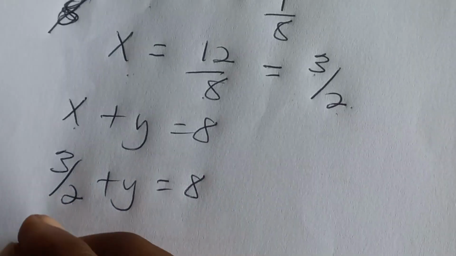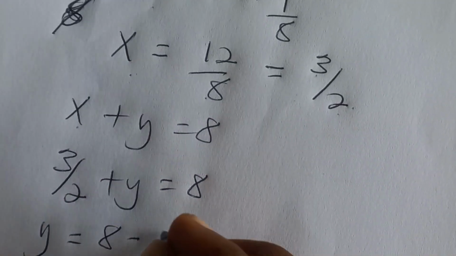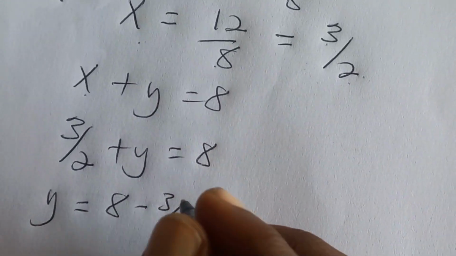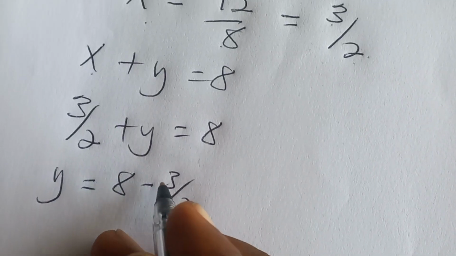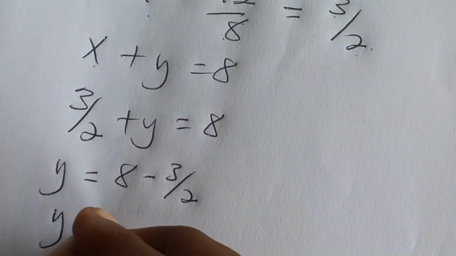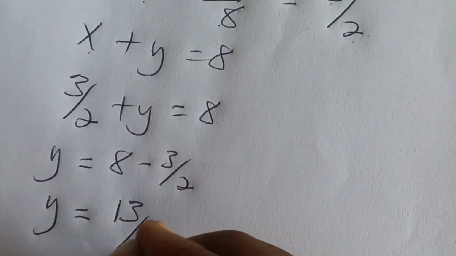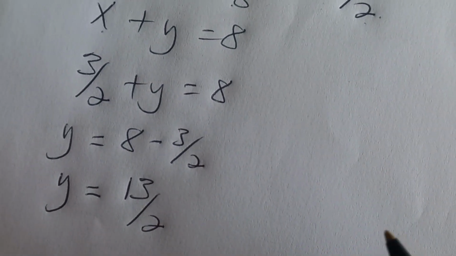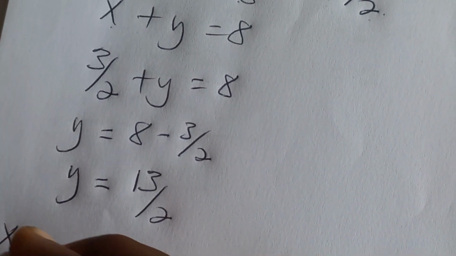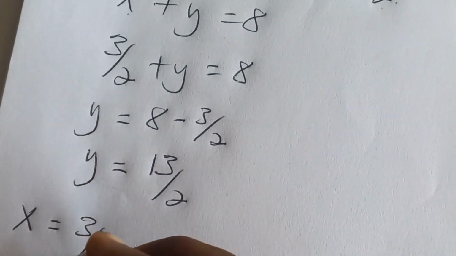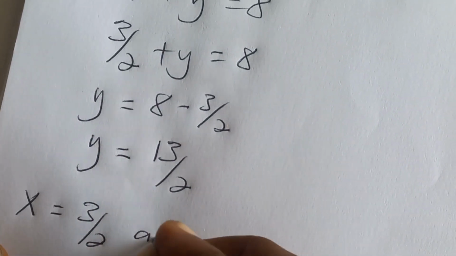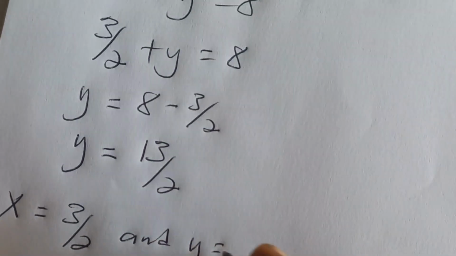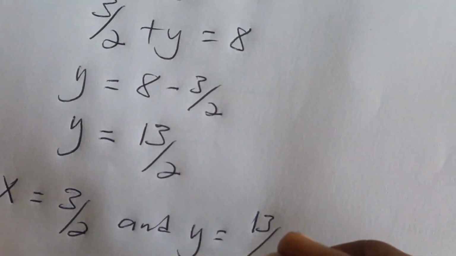So y is equal to 8 minus 3 on 2, and 8 minus 3 on 2 is equal to 13 on 2, or 6.5. Now we have our x to be 3 on 2, and y to be 13 on 2.